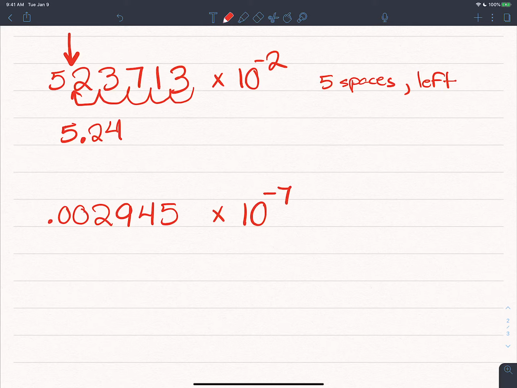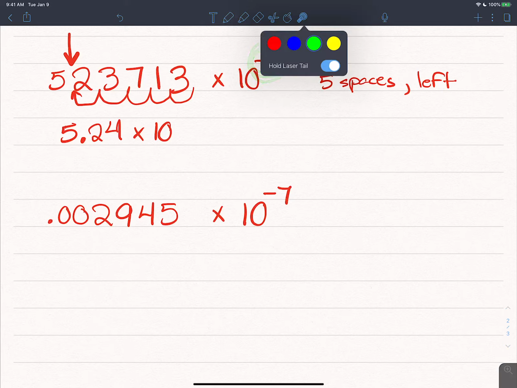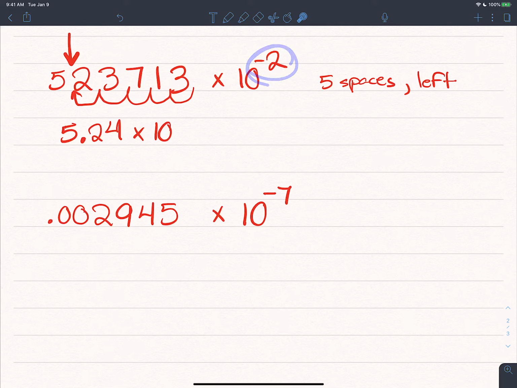And then now multiply it by the power of 10. So times 10. Now we got to see what the power is. We're at -2 already. So when we count, we're counting from -2. And since we went left, which way are we going? Up.